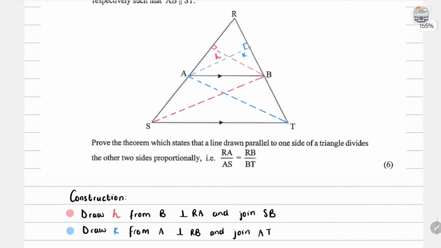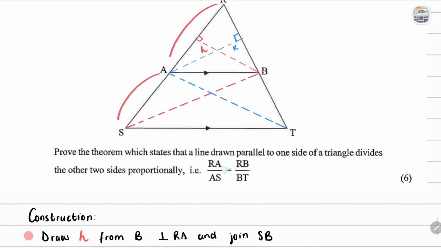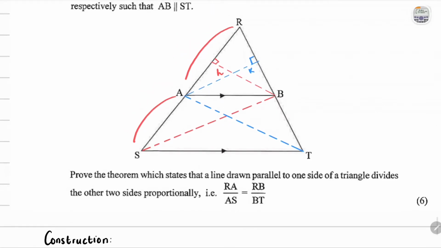Now we have to write down all the constructions that we have made. Focusing on these triangles, we will focus on these sides as the bases, and we're really just trying to show that RA goes over AS. So we're going to use their areas: the area of the triangle with the base RA and the area of the triangle with the base AS. That's triangle RAB, and the second triangle is ASB, the one with the base AS.